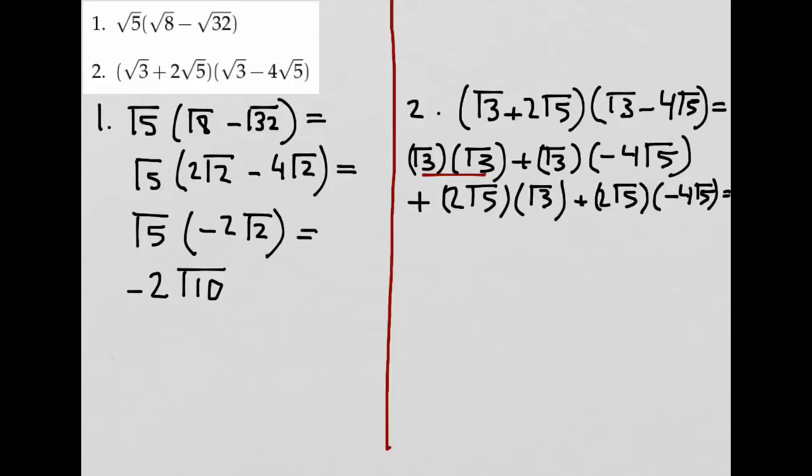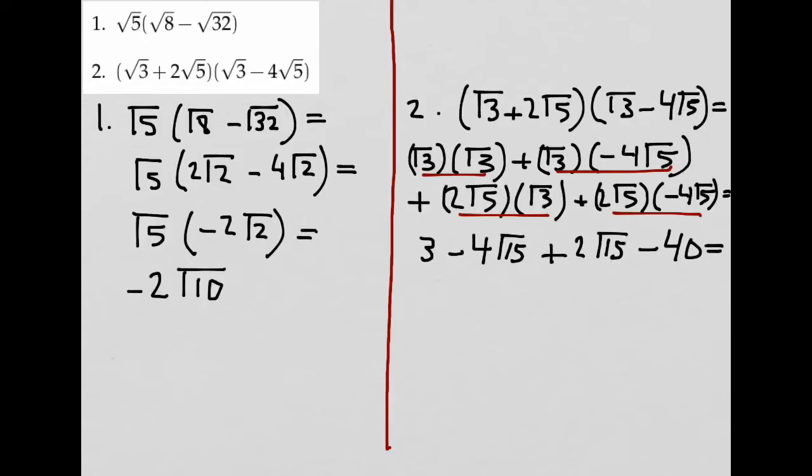root 3 times root 3, that's just 3, root 3 times minus 4 root 5, that's minus 4 root 15, plus 2 root 5 times root 3, that's 2 root 15, and finally 2 root 5 times minus 4 root 5. 2 times minus 4 is minus 8, and root 5 times root 5 is 5, so minus 8 times 5 is minus 40.